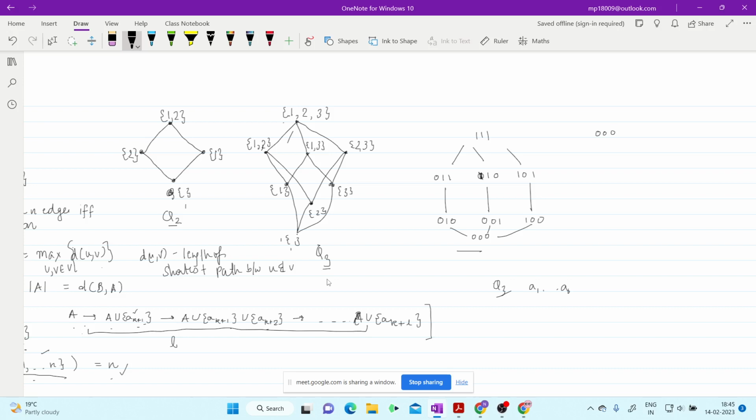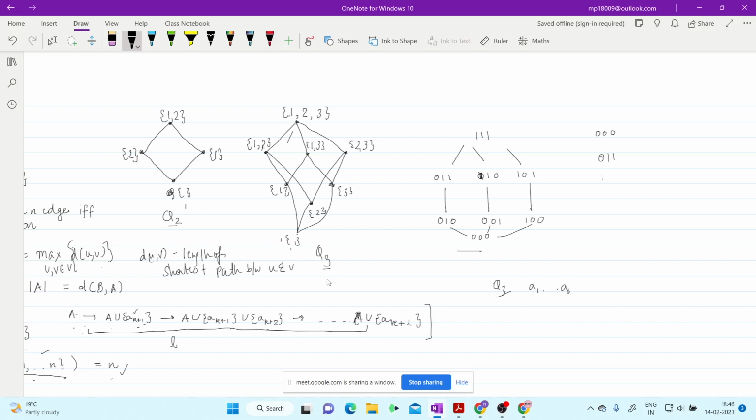Now you put all those vertices whose shortest path distance is odd in one set and whose shortest path distance is even in the other set. So with 0 0 0, I'm writing all those vertices whose shortest path is of even distance. You see 0 1 1 and 0 0 0 has shortest path of length 2, so I can take this.